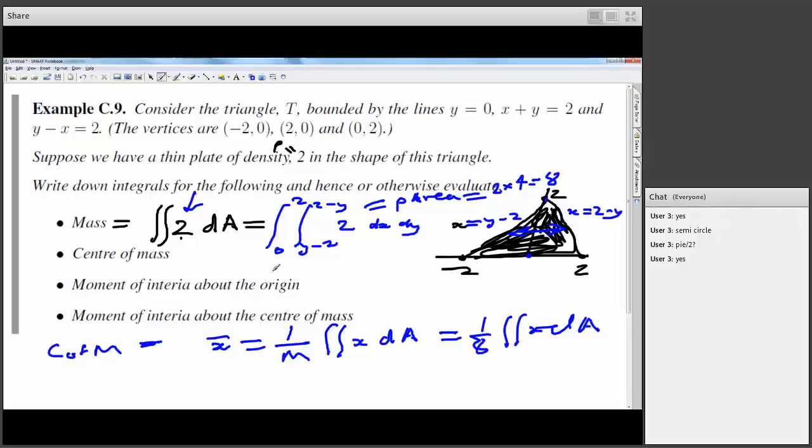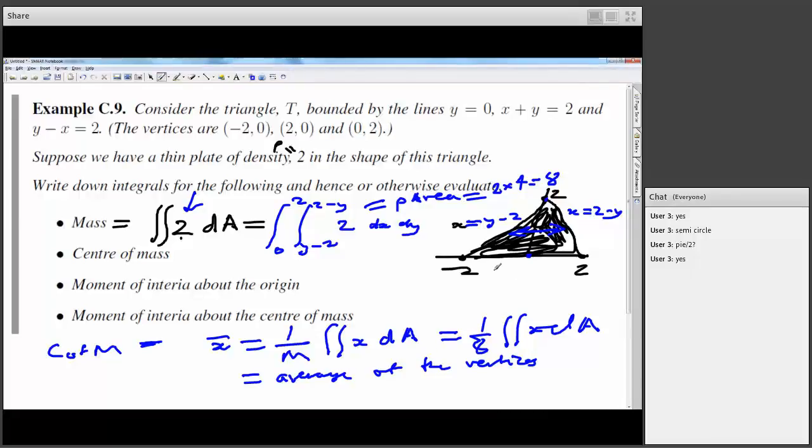And again, it'll be the same sort of limits as before, and you can approach it that way. One trick for triangles, again if the density is constant, is that this is actually equal to the average of the vertices. So the center of mass is indeed just the average of the vertices.